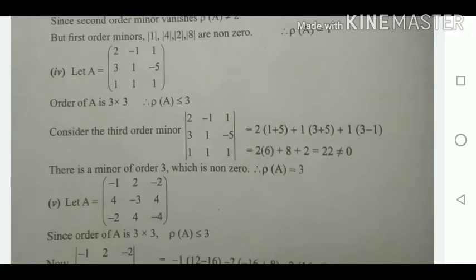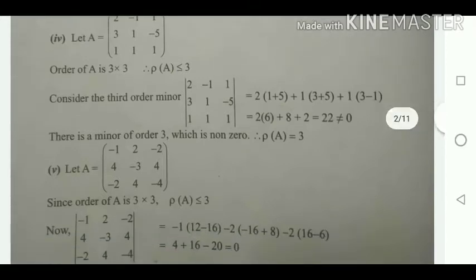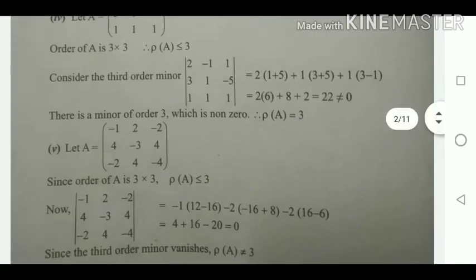Let A equal to 2, minus 1, 1, 3, 1, minus 5, 1, 1, 1. This is a 3 into 3 matrix. So rank of A is less than or equal to 3. Consider the third order minor. Here they have done the steps for you. That is, they are expanding the first row. Here the first row is 2, minus 1, 1.